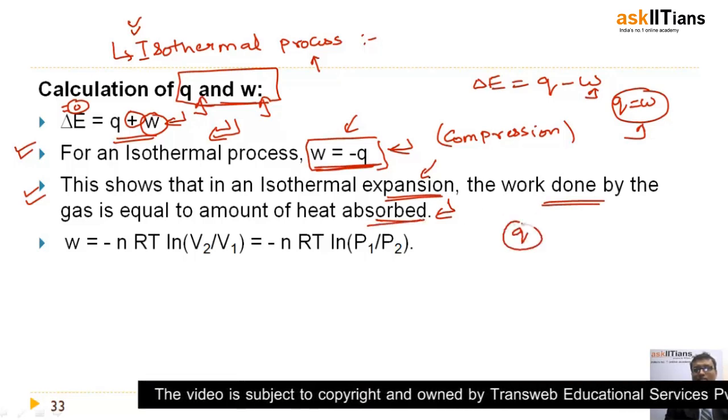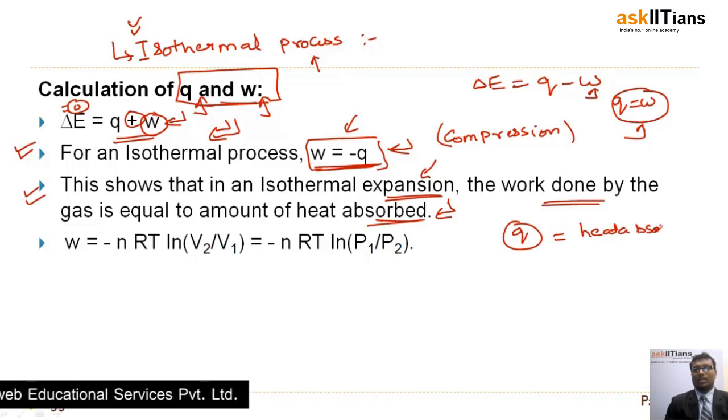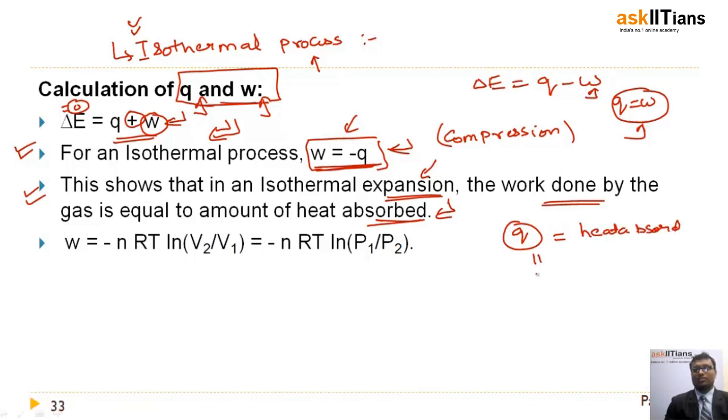So friends, you have to remember that Q is the heat absorbed, and this will be equal to work done in isothermal expansion, and W will be equal to heat liberated in isothermal compression.